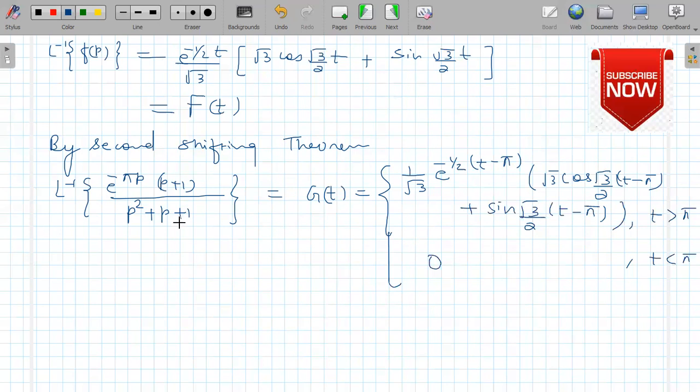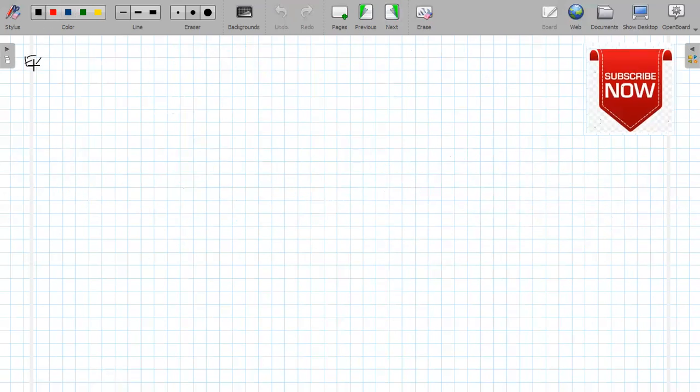Let me show you the second example very quickly, so that the concept of second shifting theorem will be more clear. Example number 2.